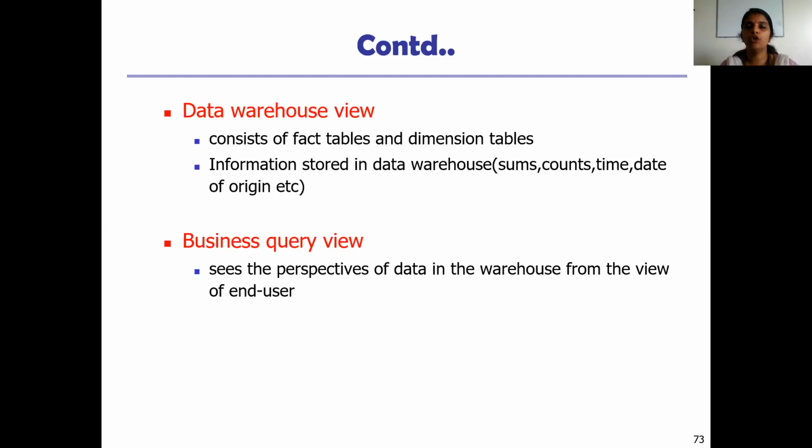The facts are numerical measures which relate the dimensions, right? So from the point of view of the data warehouse view, we have to give importance to facts and dimensions. What information is stored in the data warehouse, whether it's a sum, whether it's a count, whether it's a history, the time the data originated, whether it is the date of origin, all these things come under the data warehouse view. Okay, and the fourth view is the business query view.